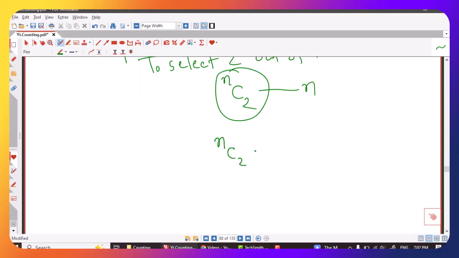So let me write properly. The number of diagonals will be equal to the total number of line segments by joining two vertices out of the given vertices minus the number of sides of the polygon. If we simplify this, nC2 is n into n minus 1 divided by 2, minus n.